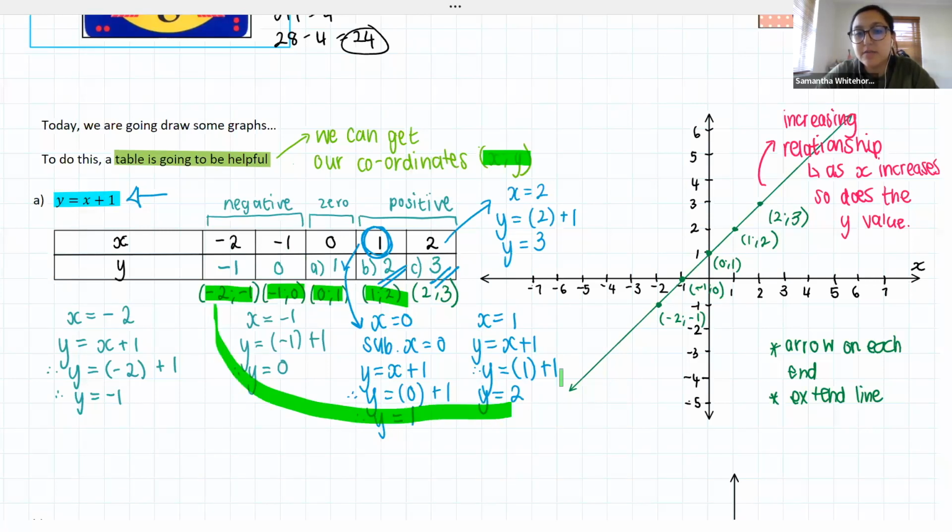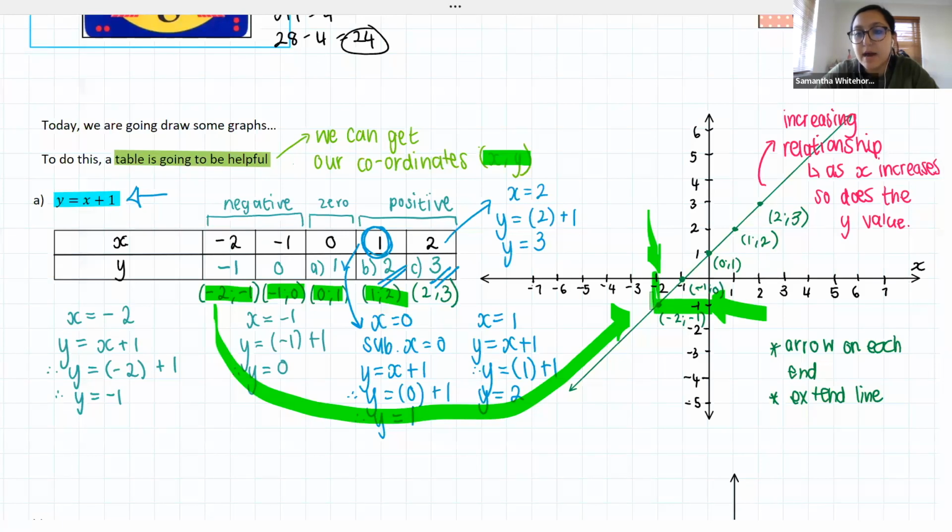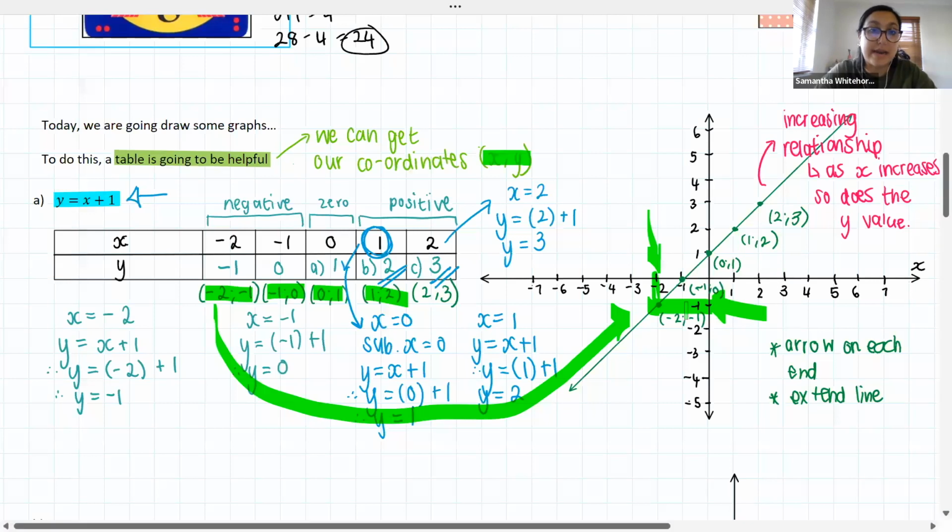So this point, -2, 1, I've plotted on my Cartesian plane. How did I plot it? Well, I went to -2 on the X, I went to 1 on the Y, and where they meet up, I have plotted my point. And I do that for every single point that I have found in order to get this straight line.